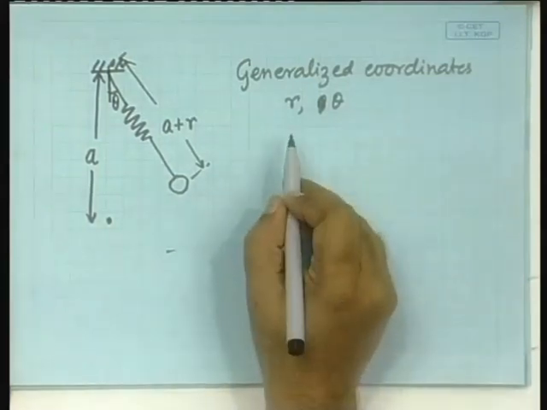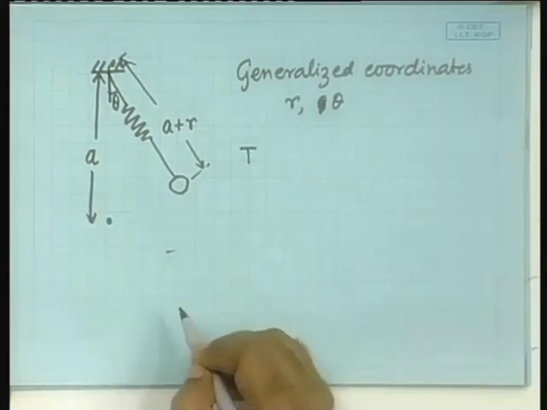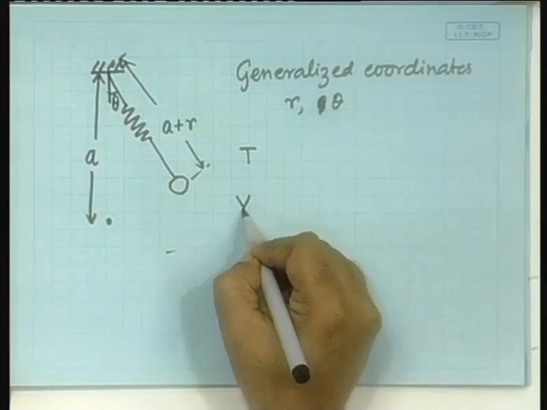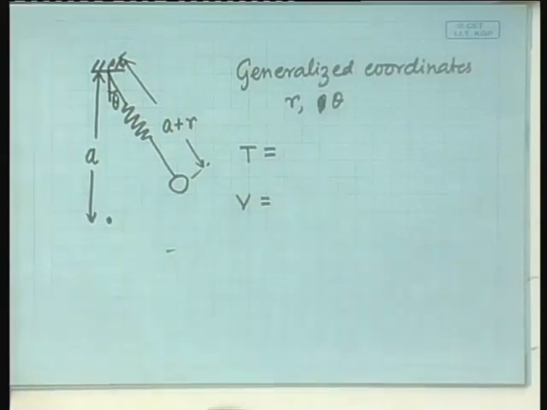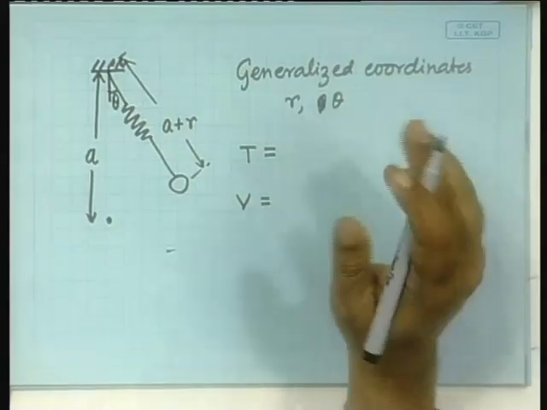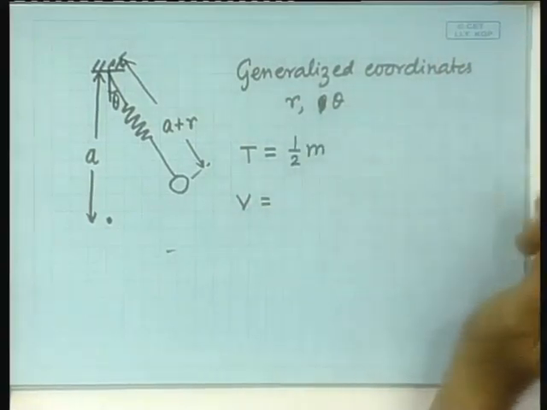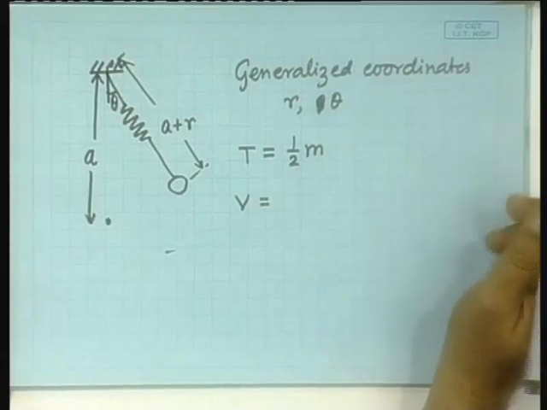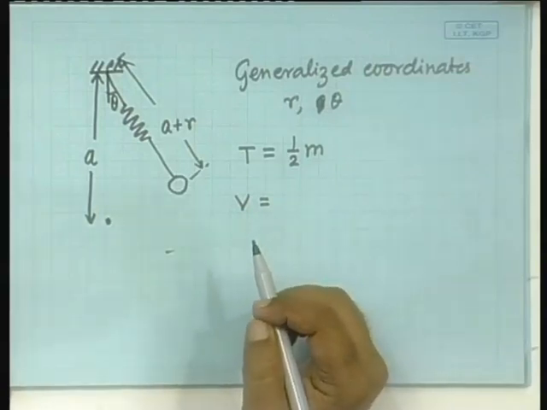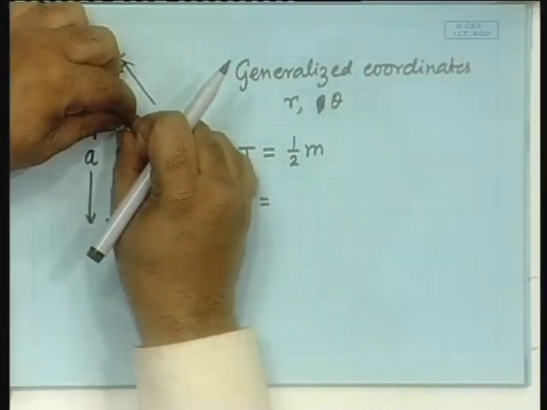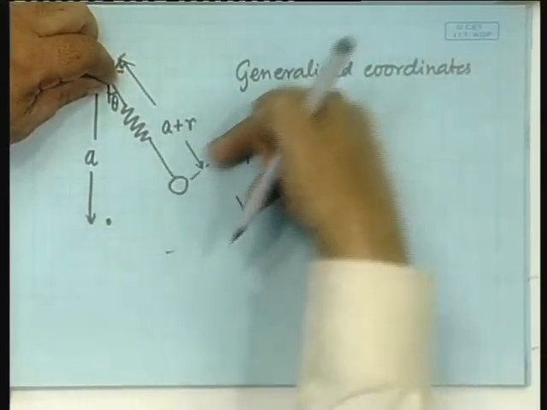Now in terms of this r and theta, what is kinetic energy and what is potential energy? That is what we will try to write. Kinetic energy will be relatively simple to write, potential energy will require a bit of thought. The kinetic energy is half m v square. So half m we will write first, and then we will try to figure out what the v square is. Now notice that there is a component of the motion in the radial direction and there is a component of the motion in the circumferential direction.